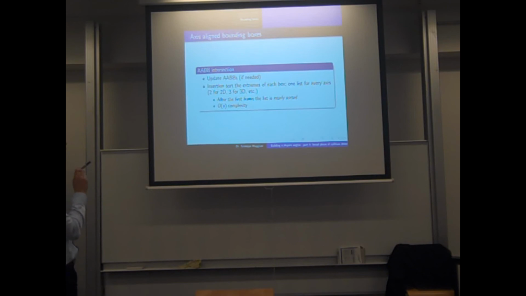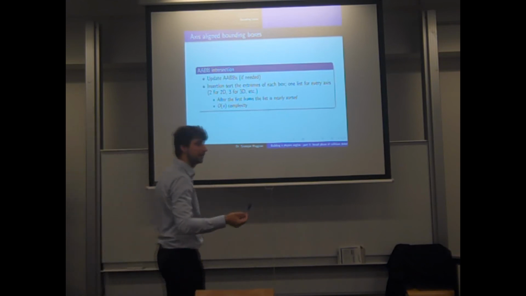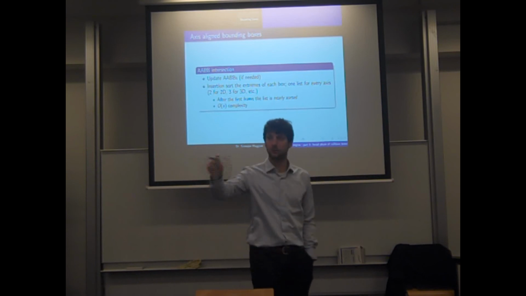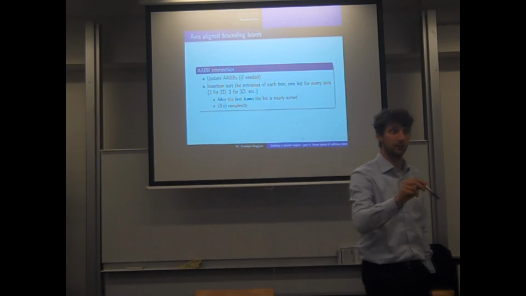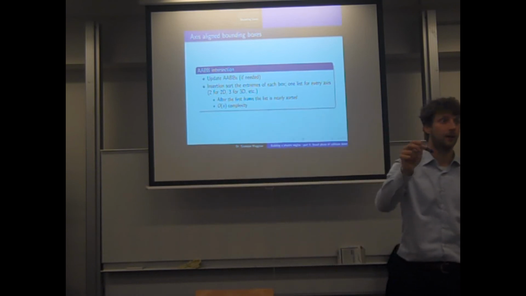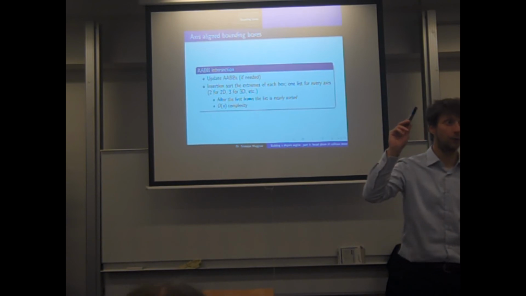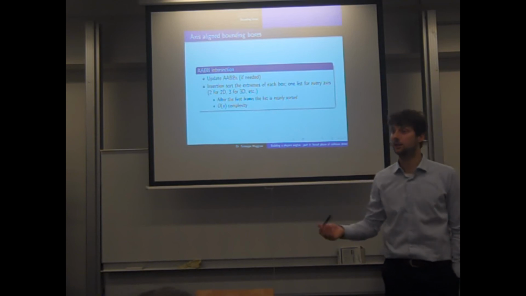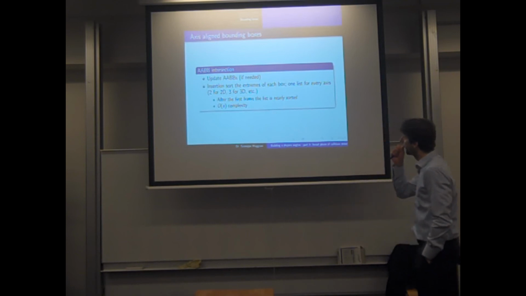Then you do an insertion sort of all the extreme points of all the bounding boxes along every axis. So if you're working in 2D, you sort all the extremes of all the bounding boxes, so the start and end points, in a list by X, and then by Y on another list, and by Z on another list.